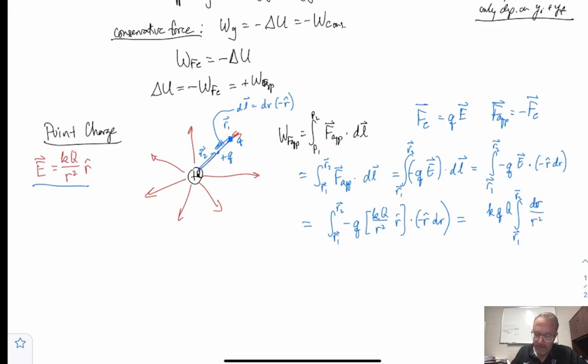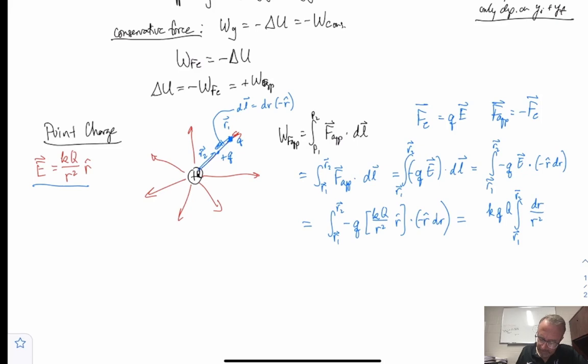So now I have to keep that inside the integral, right? KQQ, and integrating from R1 to R2 dr over R squared.